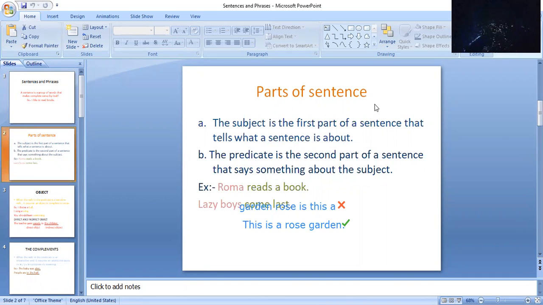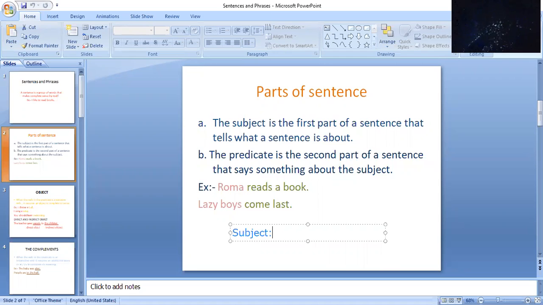Parts of sentence. How many parts does a sentence have? A sentence has two parts. What are they?